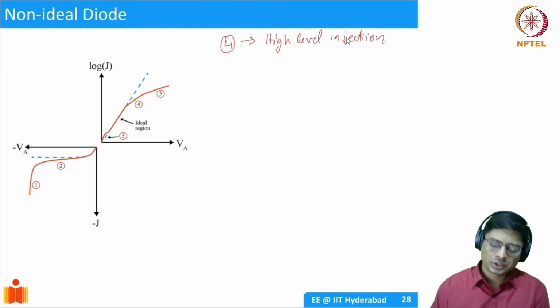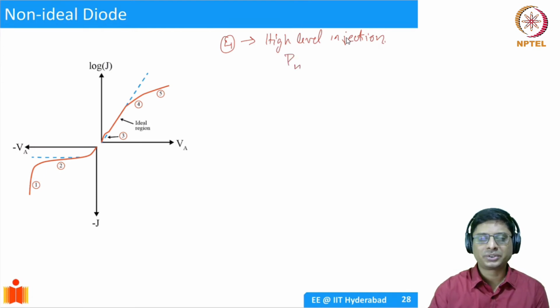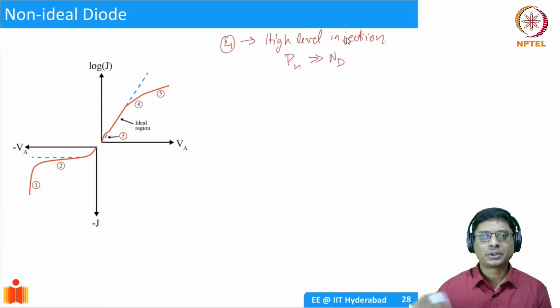So, we told you, right? We said essentially pn is the holes that are getting introduced into the n-type semiconductor. If this becomes greater than n naught, or rather I should call it n in the n-type semiconductor, or you could say this is Nd, right? Nd was the donor density, so the number of electrons in the n-type is Nd.